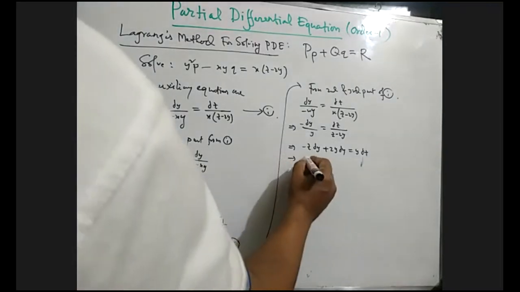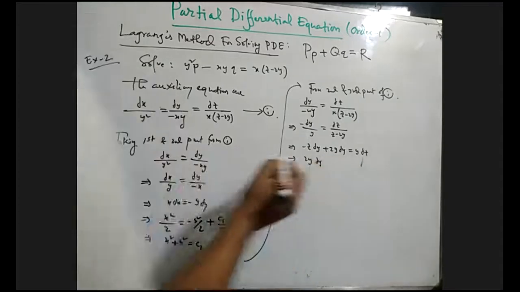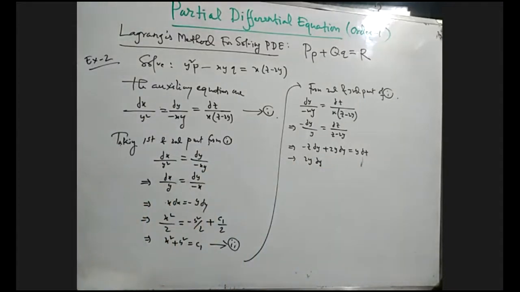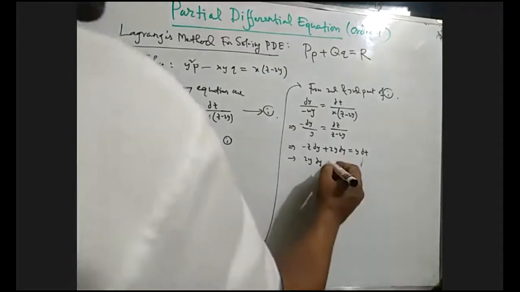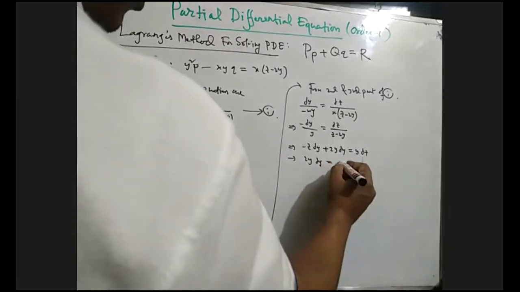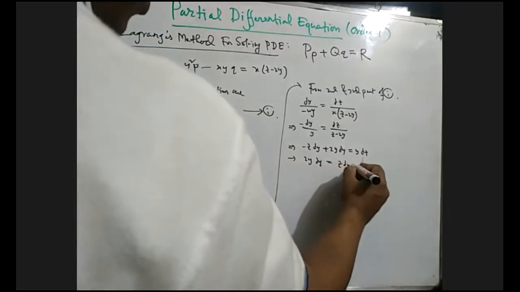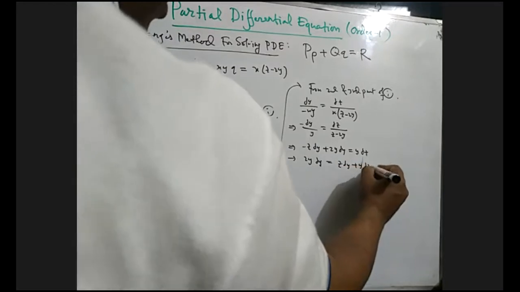This equals to 2y dy equals to z dy plus y dz.